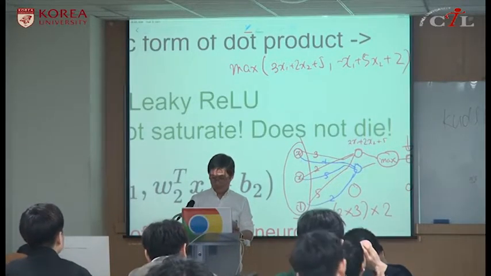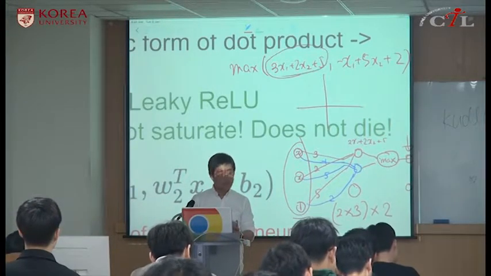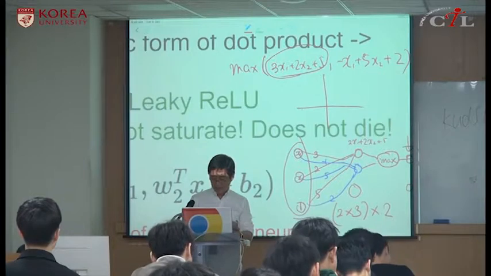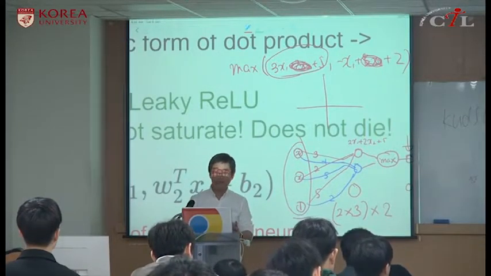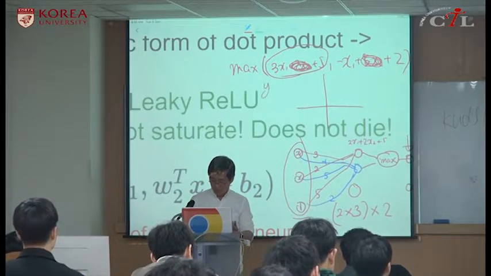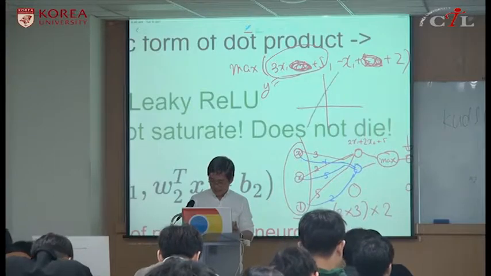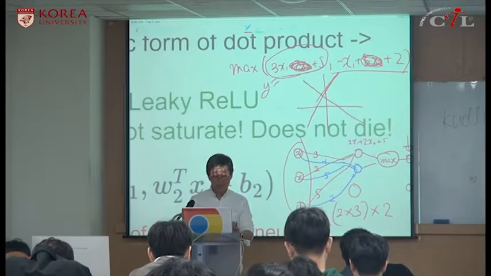In this case, what is the resulting graph? We can represent this as a line. Let me just remove one variable at this moment. Let's simplify that. And then we can represent this line as this guy, and represent another line as maybe this guy, right?